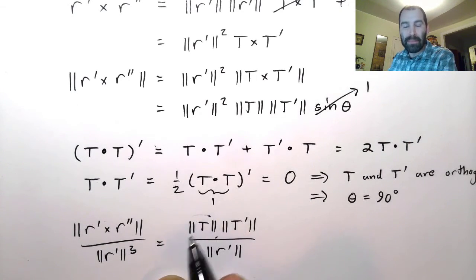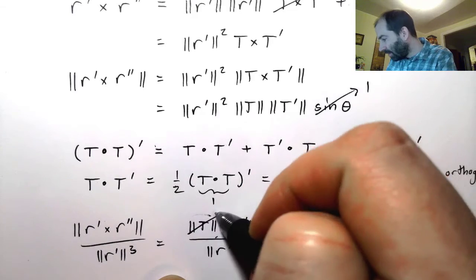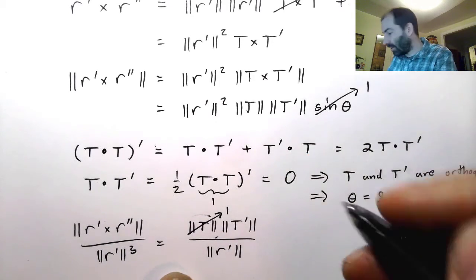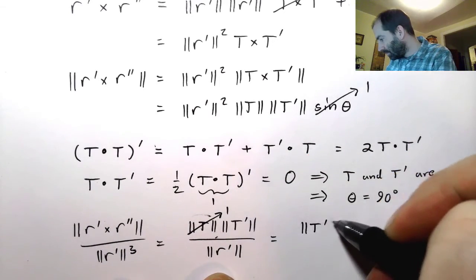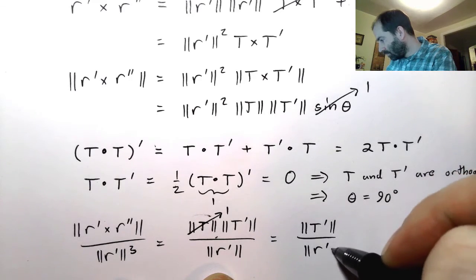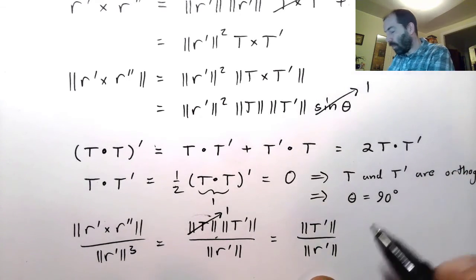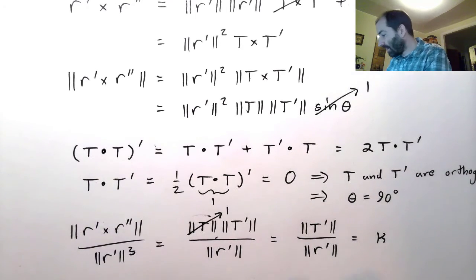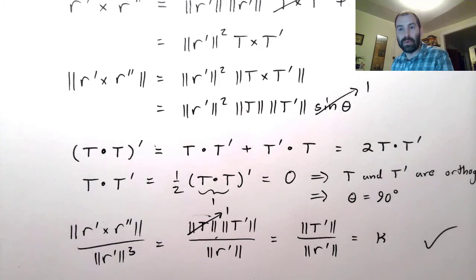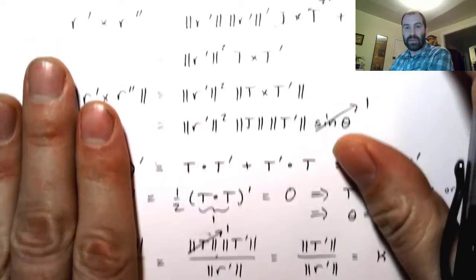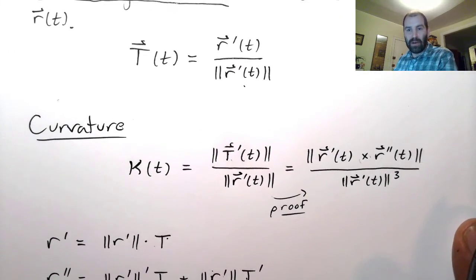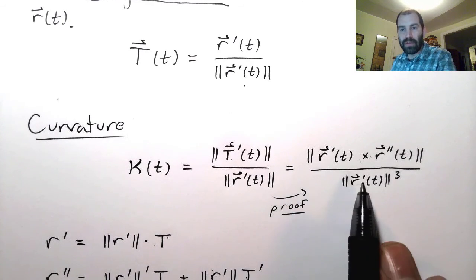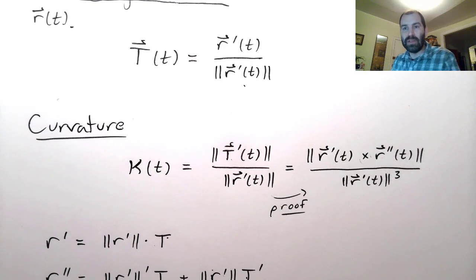We know that the magnitude of t is 1 because t is a unit vector. Now, what is this? This was kappa. This was curvature. And so this proves the statement that we wanted to prove. So we have finished our proof. And the punchline here for this video is that we have both of these expressions that we can use to compute curvature.